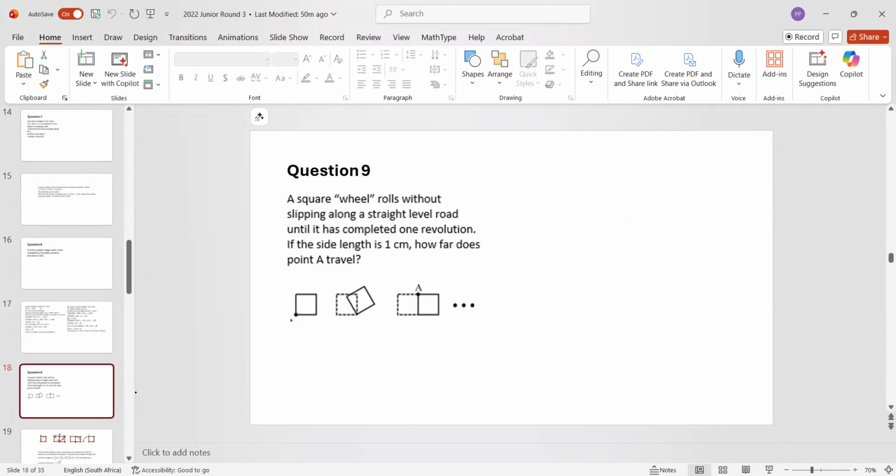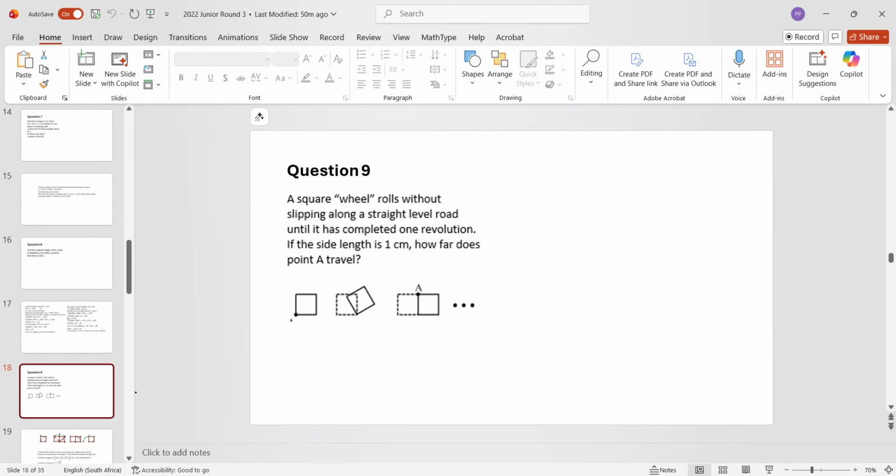A square wheel rolls without slipping along a straight level road. So it's got a very bumpy roll. It starts like this, rolls and comes to this position, then it rolls and comes to another position.